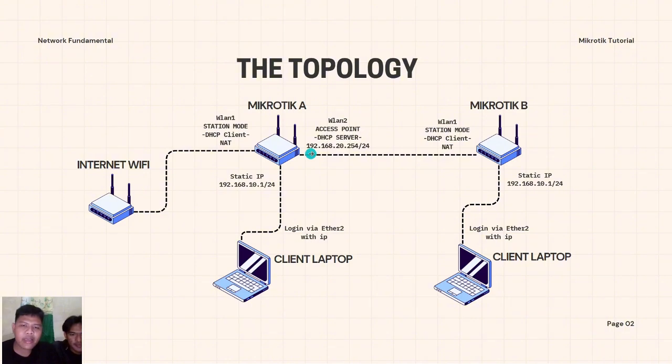And then MikroTik A is an access point in the LAN 2 with the DHCP server IP set 192.168.20.254/24, connected to MikroTik B. MikroTik B is in station mode in interface 1, with DHCP client to the DHCP server of MikroTik A with firewall NAT.